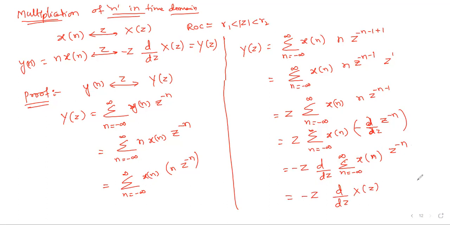Here also the ROC doesn't change in the differentiation property. The ROC will be the same, no change in ROC. So this is Y(z). This is the time multiplication by n property.